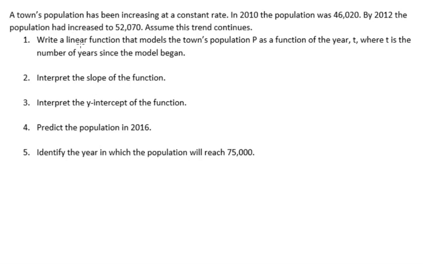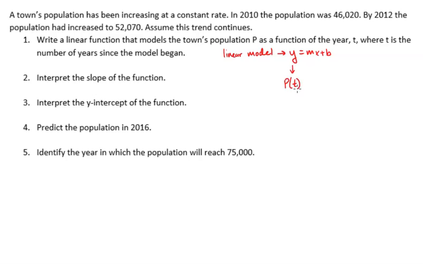So when it says linear function, anytime we're doing a linear model, that means we're using that y equals mx plus b form. That's the linear form of an equation. But instead of y and x, our function is modeling P as a function of T, so that's what y is going to become.